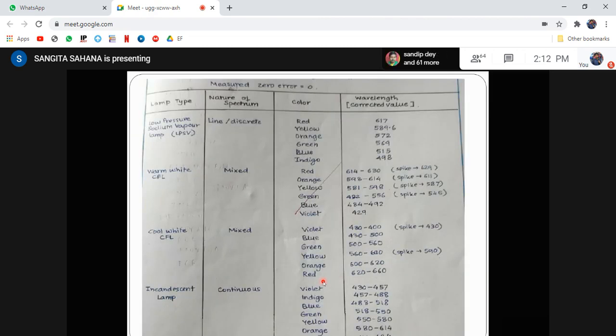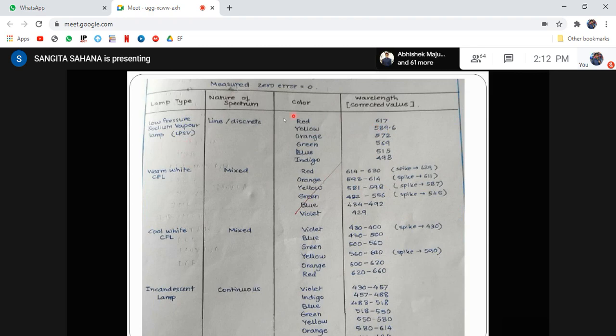This is a sample report for the measurement part. For the four lamps, what is the nature of the spectrum, whether it's line, discrete, continuous, or all mixed, and the colors present in the spectrum and the corresponding wavelength.